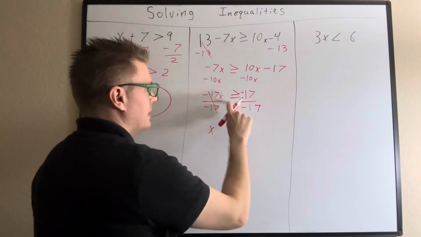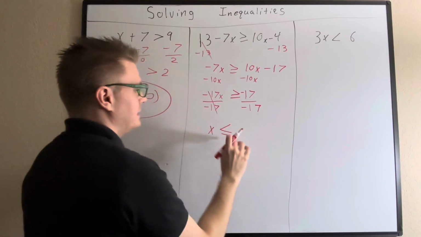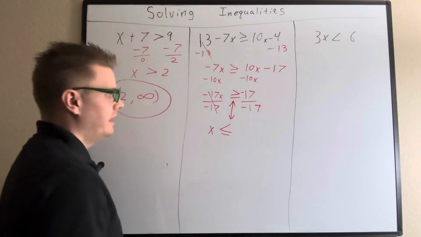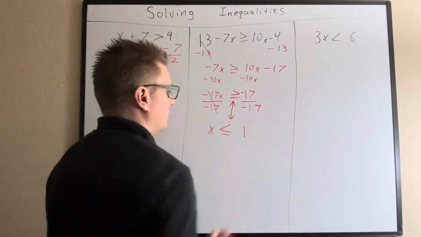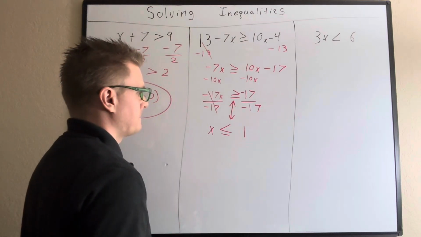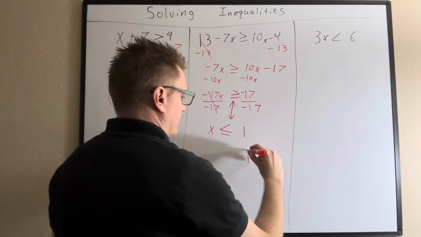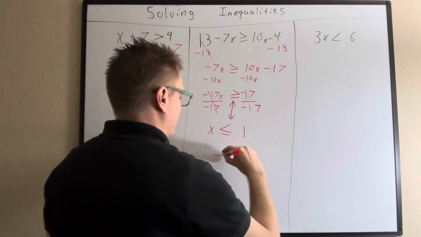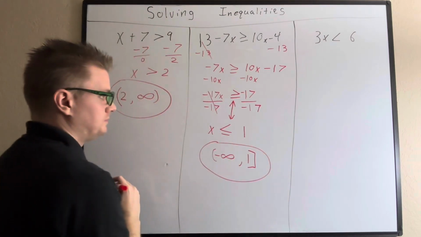So x, since we're dividing by a negative number, is now less than or equal to. That is the big thing you have to remember. Negative 4 divided by negative 17 is 1. And we're going to the left, so we include negative infinity. And there's our answer.